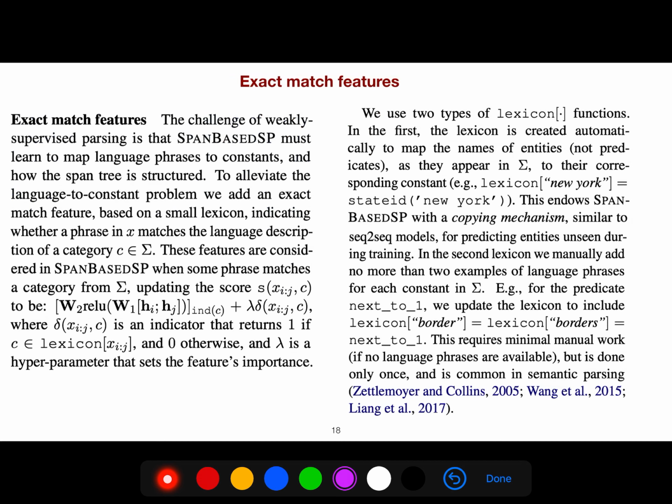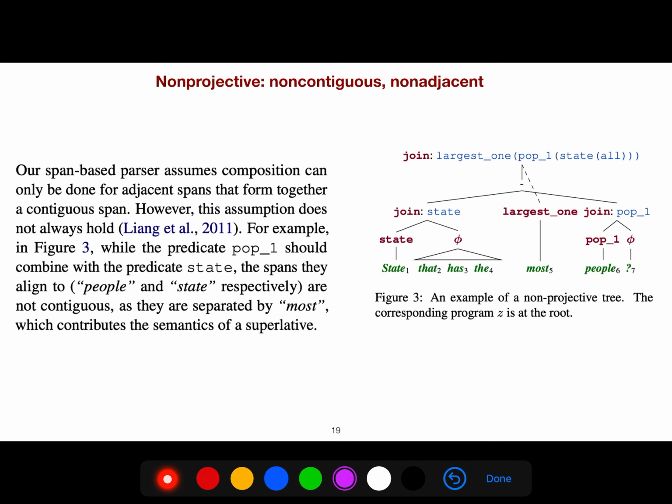And this is just a simple technicality, exact match features. Many times, when we have some kind of superlative, for example, most in your sentence, unfortunately, it's not projective. So it's non-projective because it's non-contiguous and non-adjacent. So state has the most people.